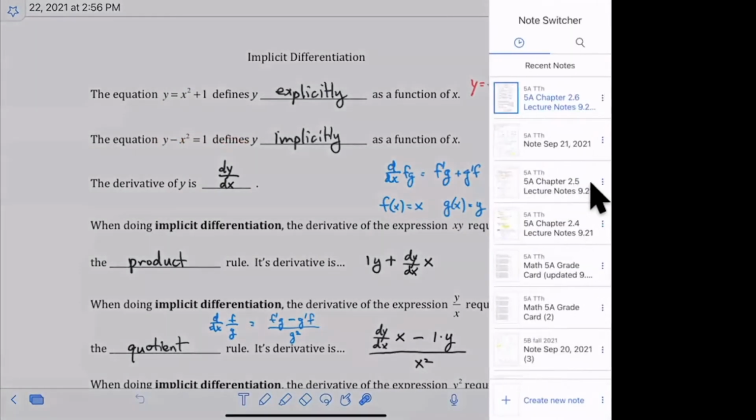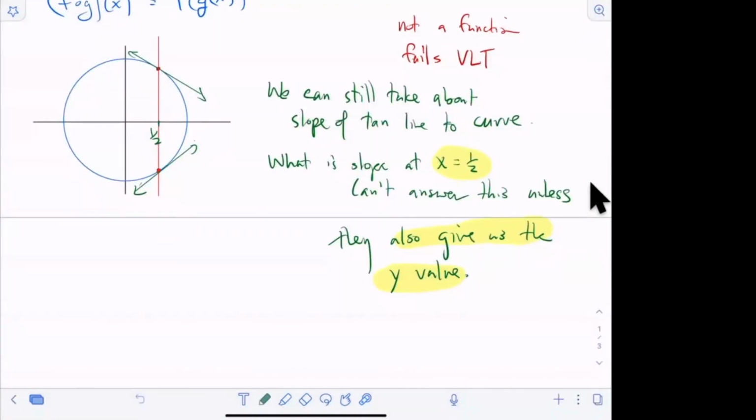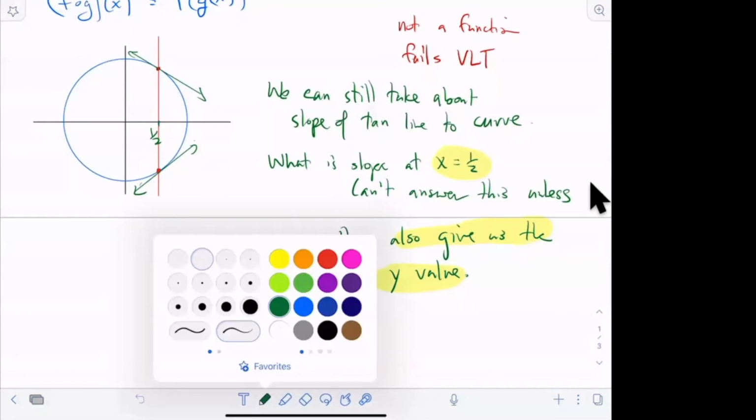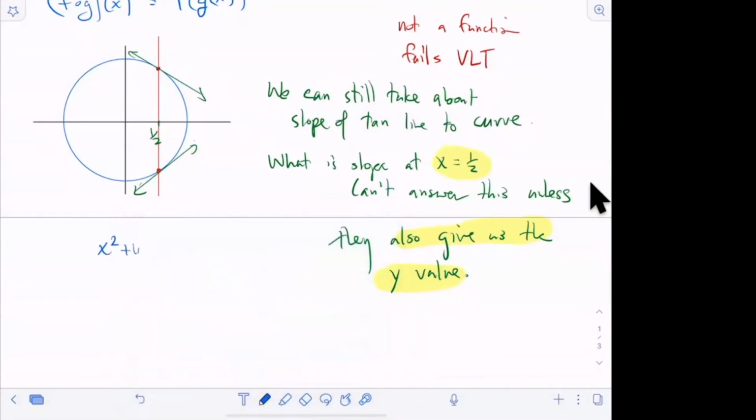But in my example over here, x squared plus y squared equal to 1, y is treated as a function that's implicitly defined.